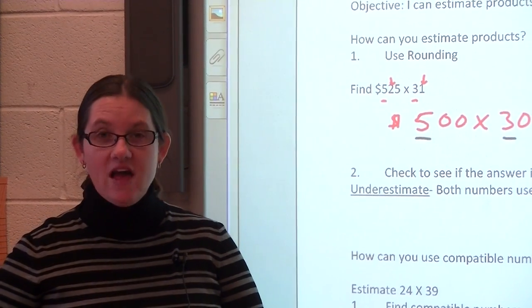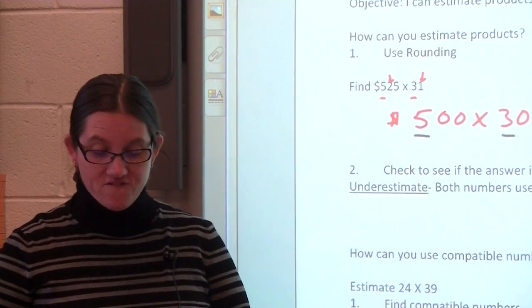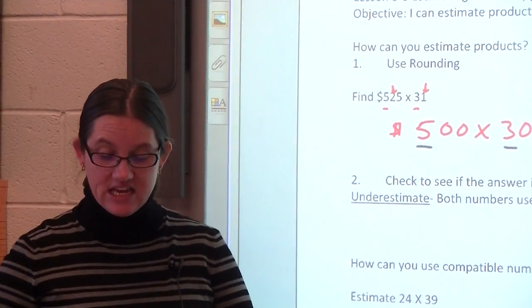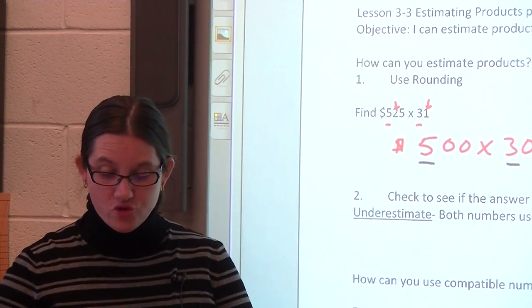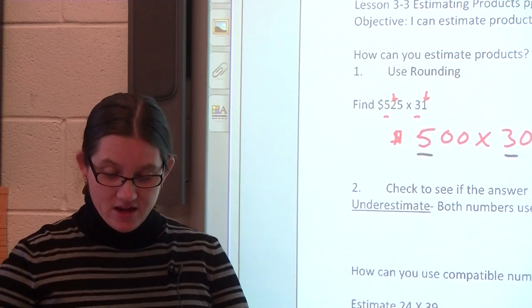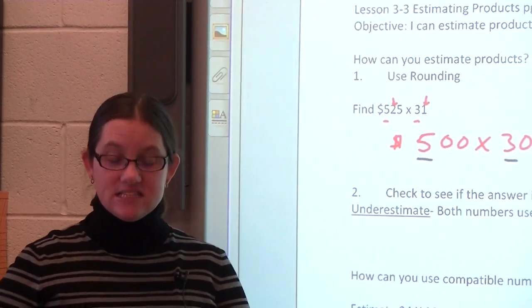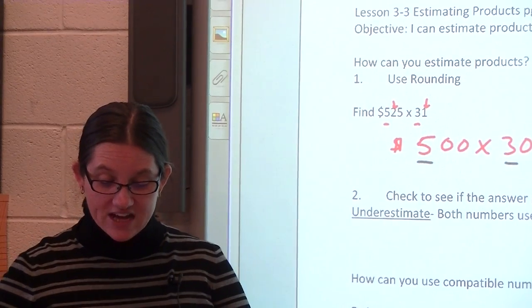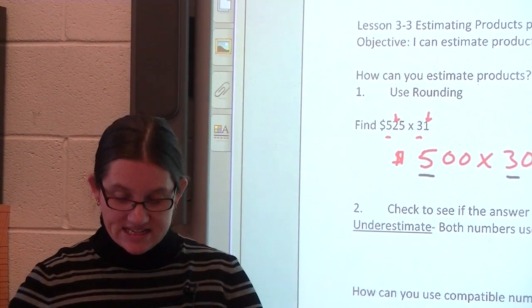Remember that 25 times 4 equals 100. So 25 times 40 is going to equal 1,000. And 1,000 is a good estimate for 24 times 39. Okay, so that's our second example. And then here it says both numbers used to estimate were greater than the actual numbers. So 1,000 is an overestimate.